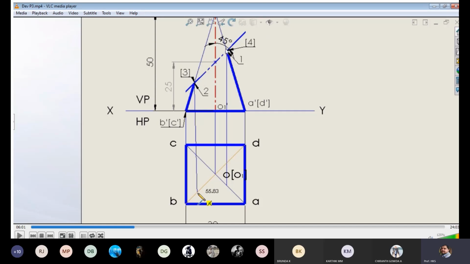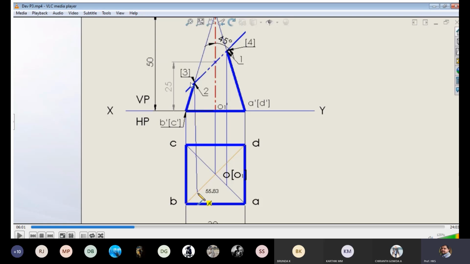In order to get the top view, from the cutting point you have to draw a vertical line. This 1 and 4 is cutting the slant edge A dash and O. It should be projected till the slant edge AO, and then again you have to project this till DO.